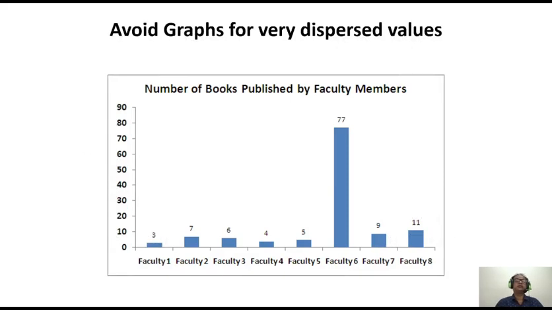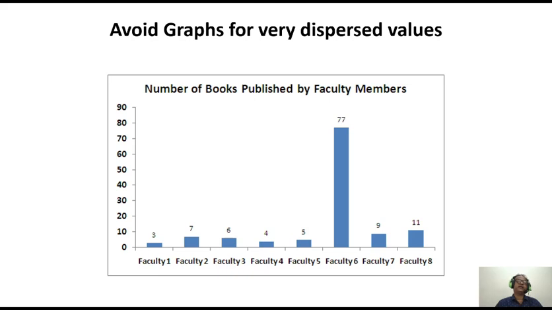Let us look at this. This is an example of a data set with over dispersed values. Say in a university, there are 8 faculties, and I am trying to display the number of books published by these faculty members through a graph.